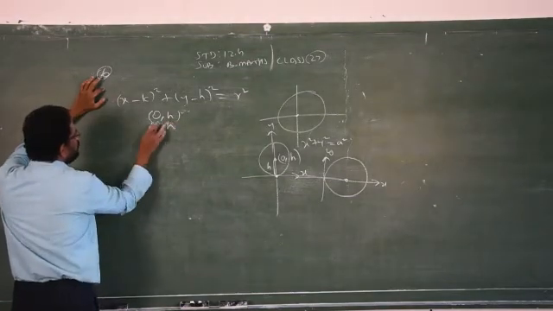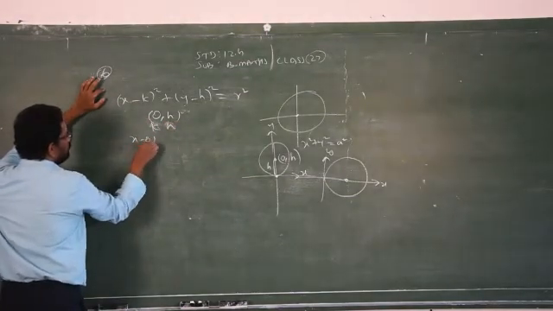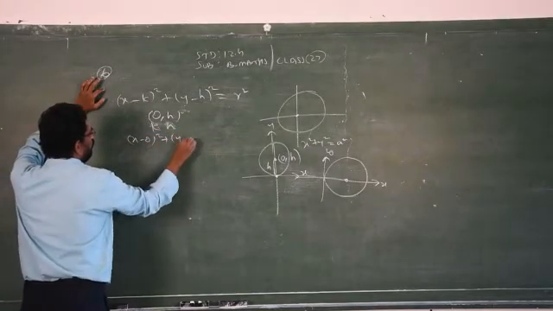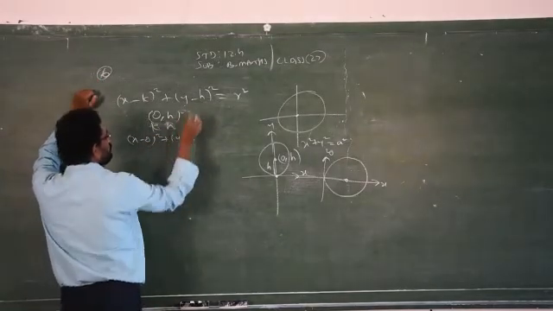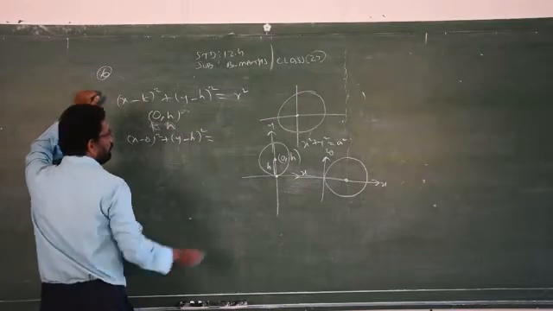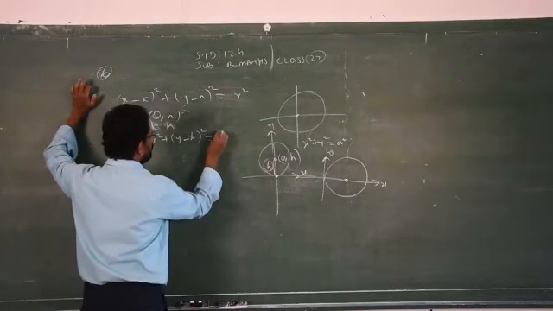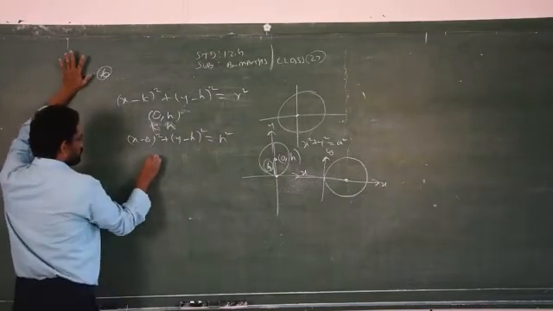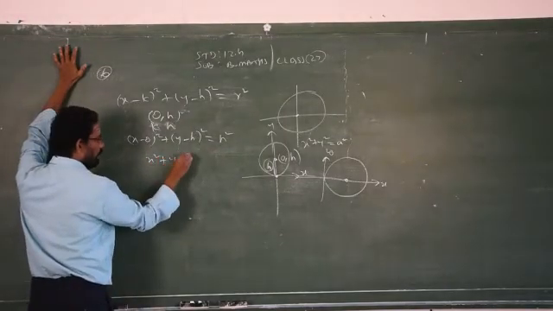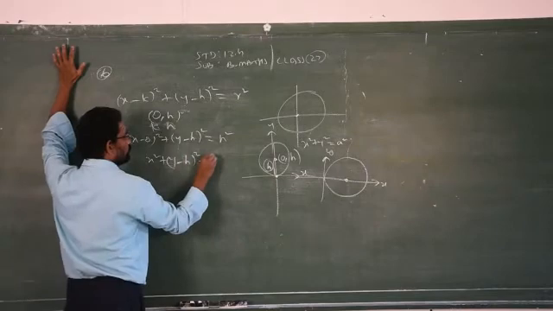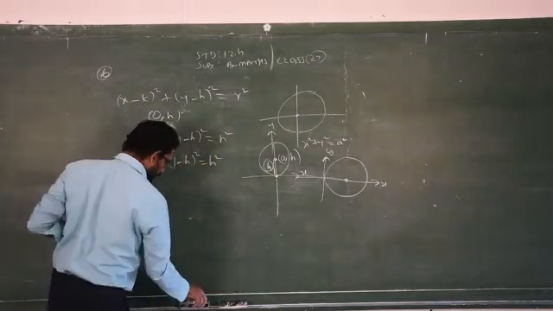So (x minus 0) the whole square, (y minus h) the whole square. The radius is what? Just now I found the distance between the center and the origin is h, so h square. So this is x square plus (y minus h) the whole square is equal to h square. Are you clear?